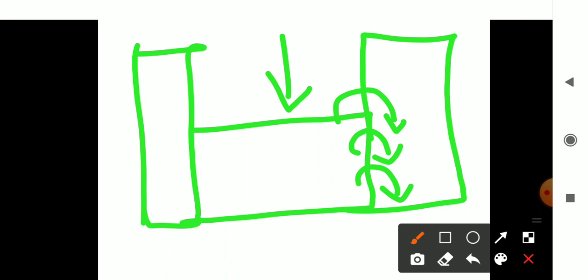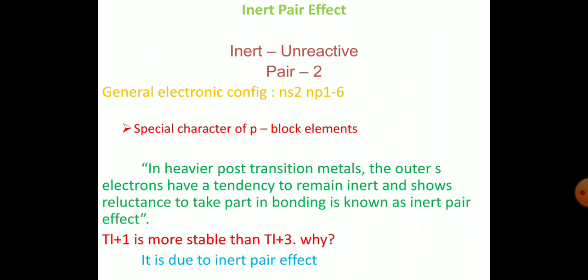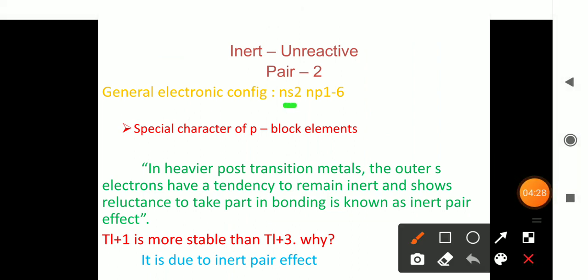So in heavier post transition elements, the outer s electrons, that is the electrons present in the s orbital, these 2 electrons have a tendency to remain inert, which means they are unreactive, and show reluctance to take part in chemical bonding. This effect is called inert pair effect.